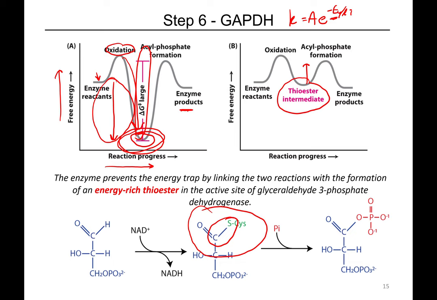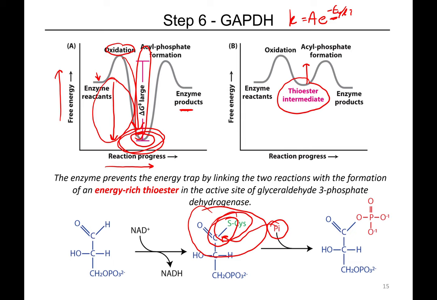Instead, we trap it in this bond, which we can then use in the future, okay? And in fact, we use some of it in the next step, because in the next step, we bring in inorganic phosphate. It reacts with that carbon and releases the cysteine, okay? This is important. We're going to see this again.